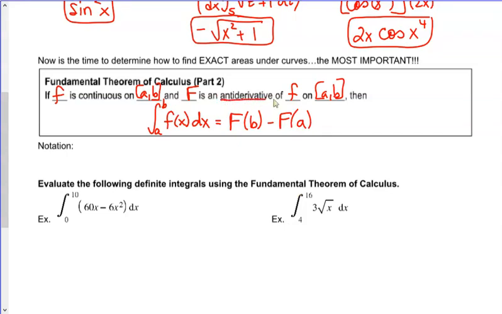So remember, capital F is an antiderivative of f. That's why section 4.9 is so important here, because we have to go backwards to find that integral. But now, to find the exact area, I have to evaluate at b and evaluate at a, and then you're going to get a number. That number is going to represent the area under that curve.